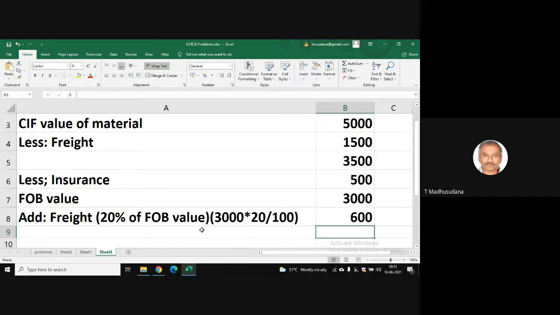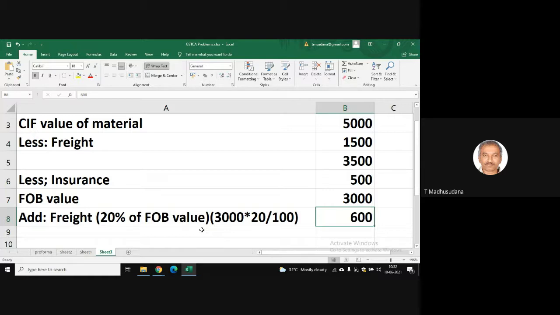This is to be added. But actually, what was the freight? The freight charge given is 1,500 paid, but that is not correct. Only 20% is the maximum ceiling as per the Customs Act. Therefore, the customs officers will allow only 20% to be added, because it is beneficial to the importer.